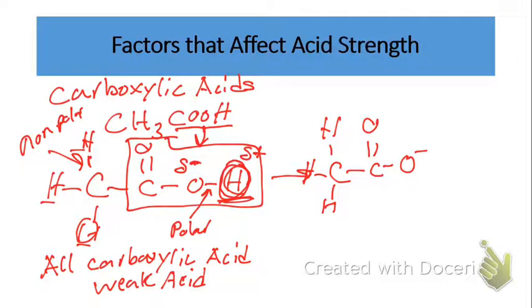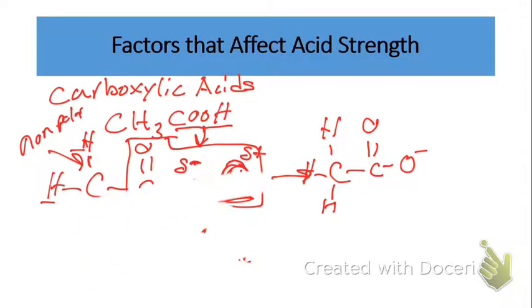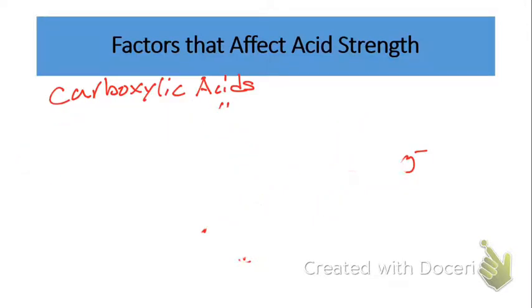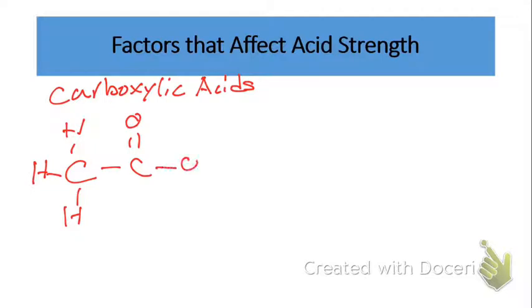Okay, so I'm going to erase this, and now I'm going to talk about the anion of our carboxylic acid. Okay, so the anion, which is the conjugate base, helps so much because resonance is involved.